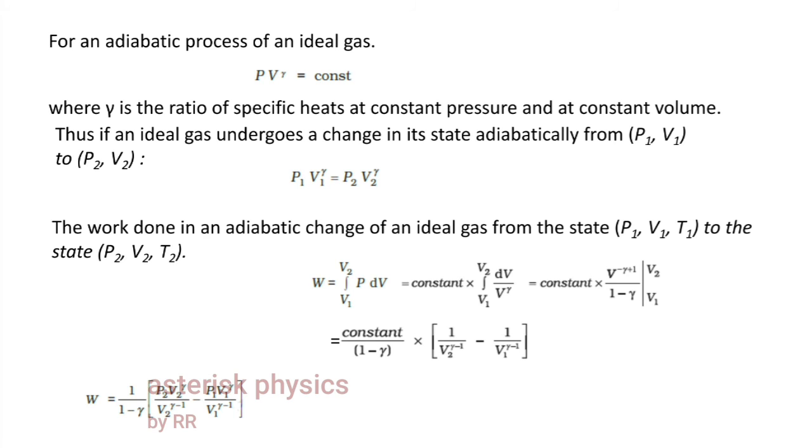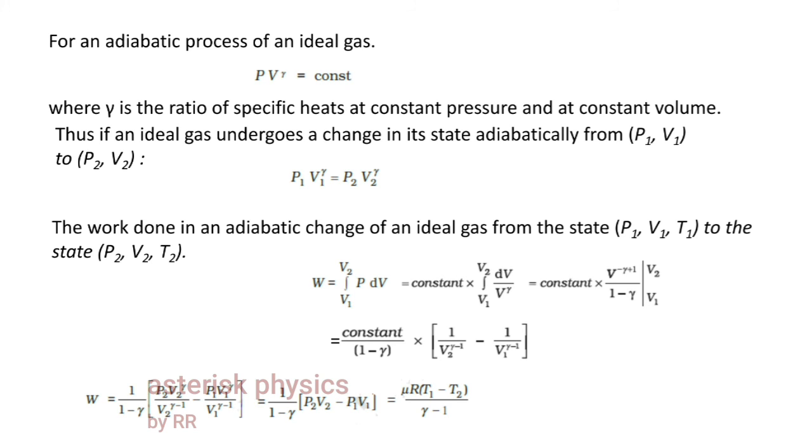So we get W = 1/(1-γ) times [P2 V2^γ/V2^(γ-1) - P1 V1^γ/V1^(γ-1)], which equals 1/(1-γ) times (P2 V2 - P1 V1), using the relation A^n/A^m = A^(n-m). Using that relation, we can reduce the above equation to 1/(1-γ)(P2 V2 - P1 V1), which is equal to μR(T1 - T2)/(γ-1).